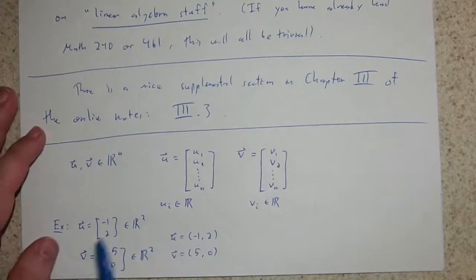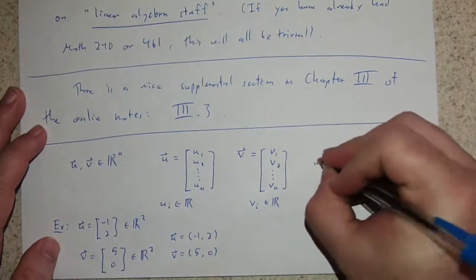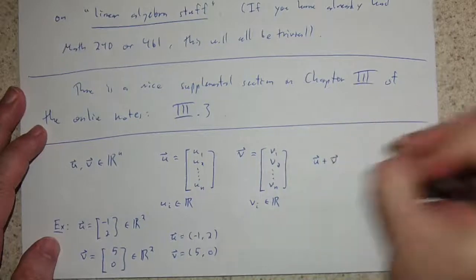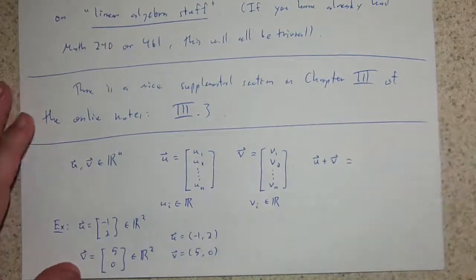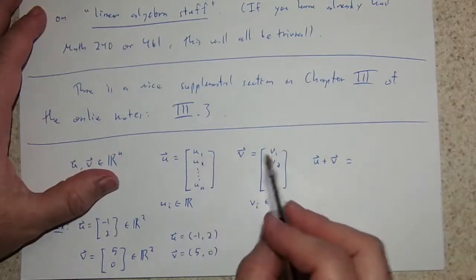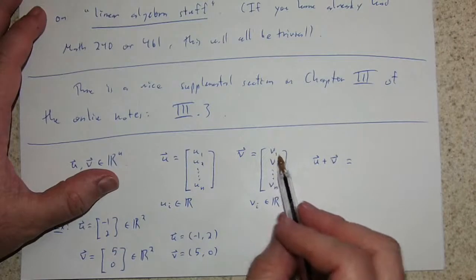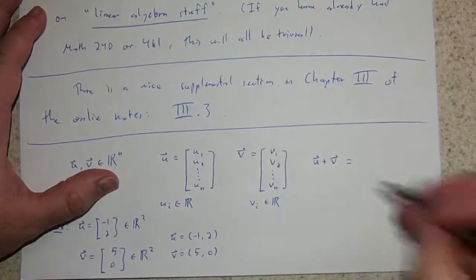I can talk about the algebra that I want to do to these things. If I have two vectors of the same size, they both live in, say, Rn, I can define vector addition of those things. What is vector addition here? Well, I just take each slot and add it to the corresponding slot in the other vector, and that is that slot of this vector.